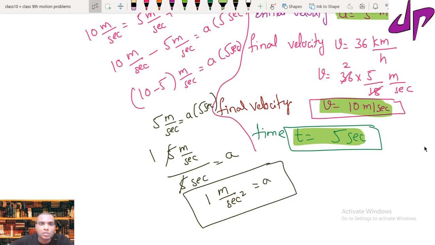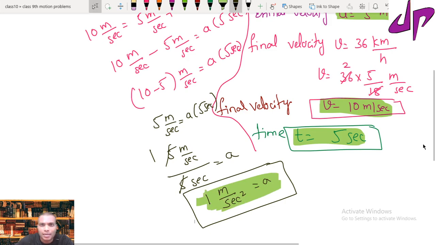So acceleration units are meter per second square. How does the second square come? In the numerator 1 second is there already, in the denominator 1 second is there, so they both get multiplied. Finally we got acceleration a equal to 1 meter per second square.